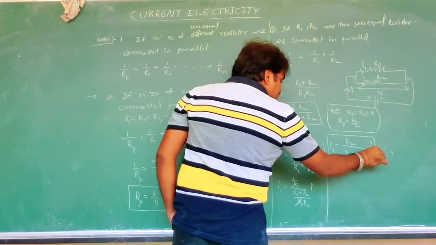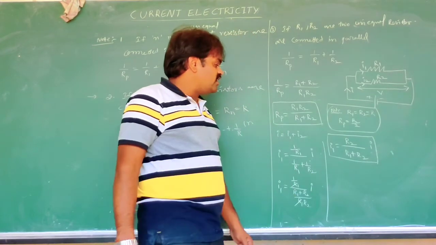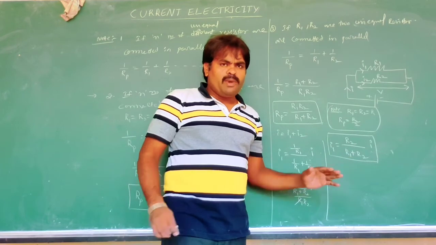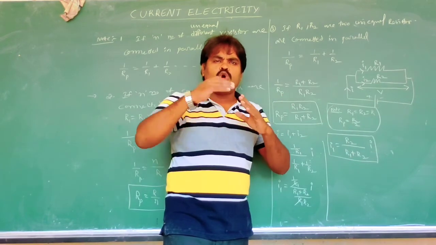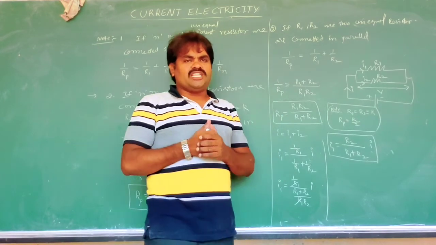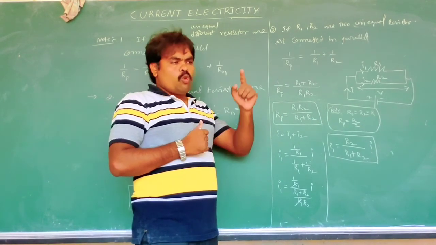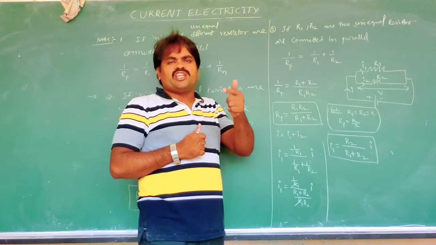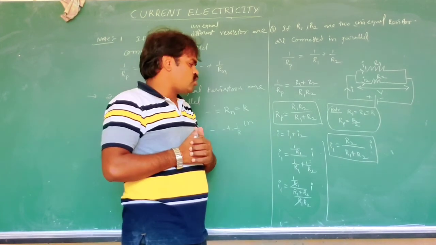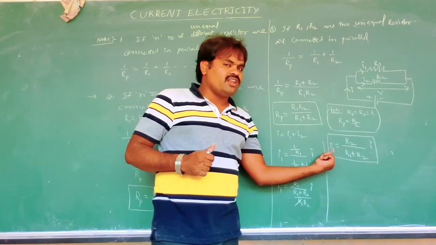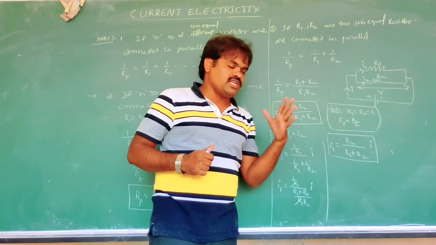For two resistors, the current I1 we can find by using this formula, very simple. But when n resistors, or more than two resistors, are connected in parallel, how to find the current? I1 is equal to 1 by R1 by 1 by R1 plus 1 by R2 plus 1 by R3 plus 1 by R4 up to 1 by Rn, into I. But for two resistors, I1 is R2 by R1 plus R2.